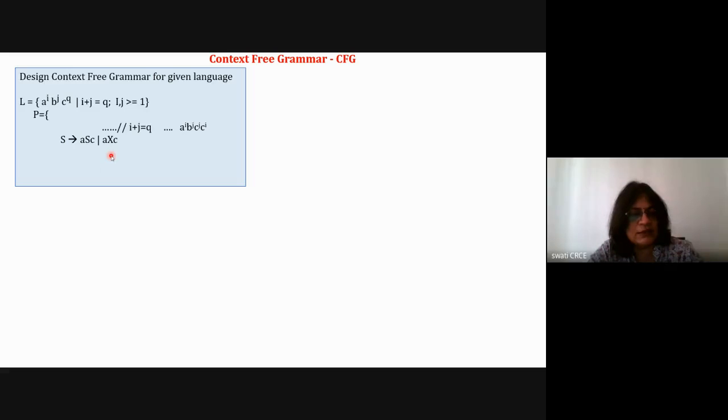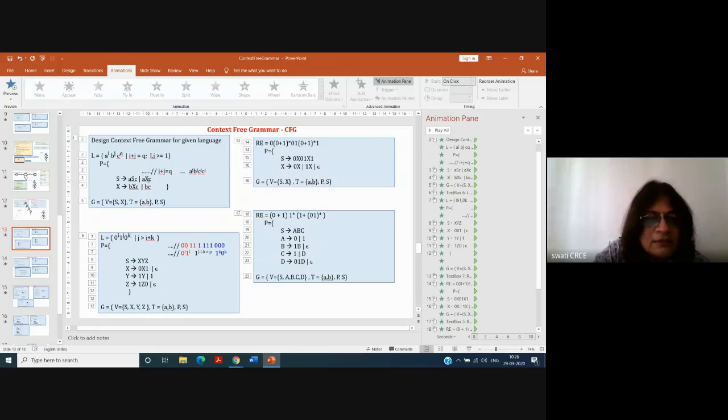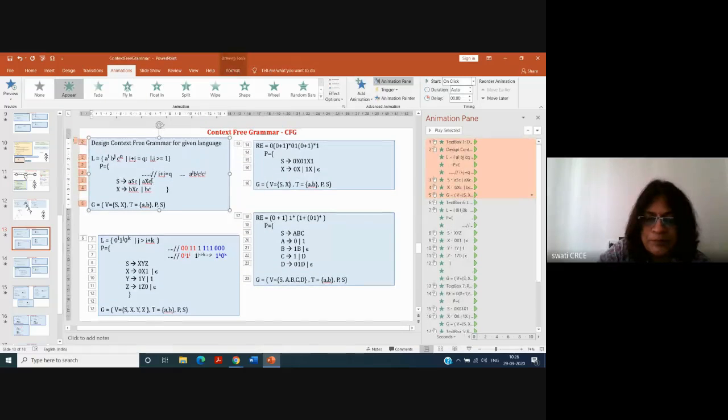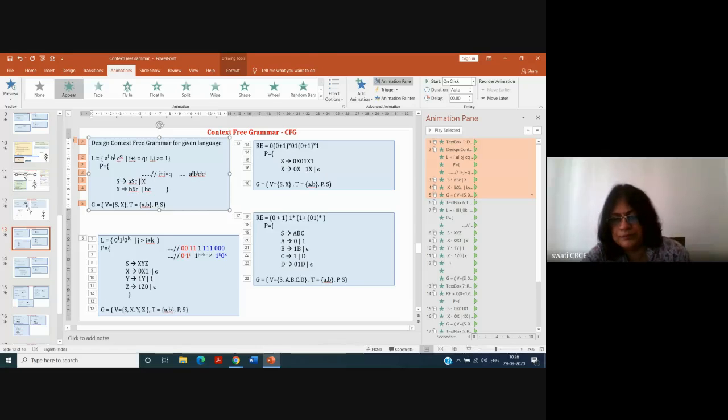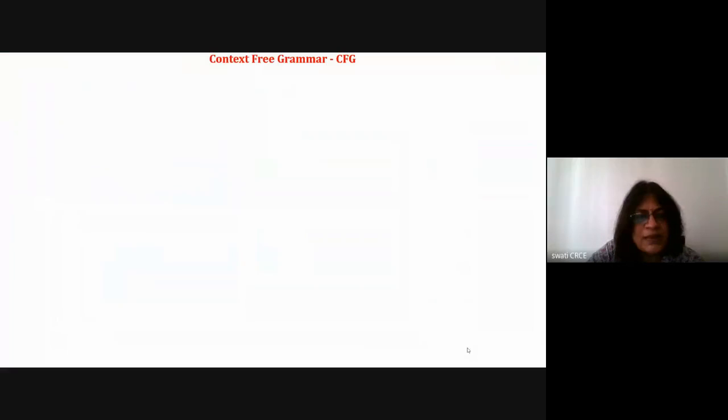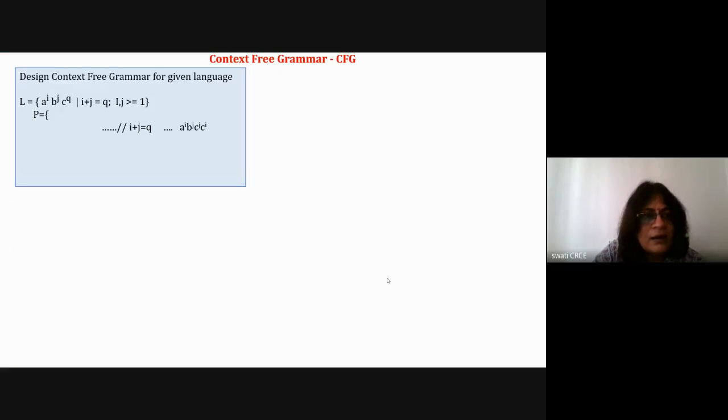It is better than a X c, so we will have it as only X, because a and c are already generated here. But that is also correct. So I'm saying that it is equal to X.